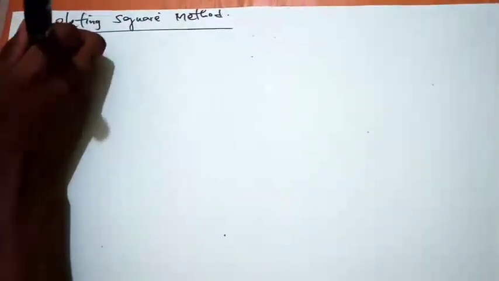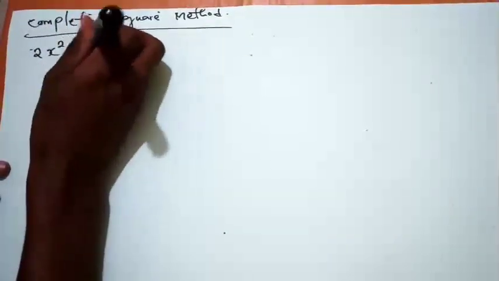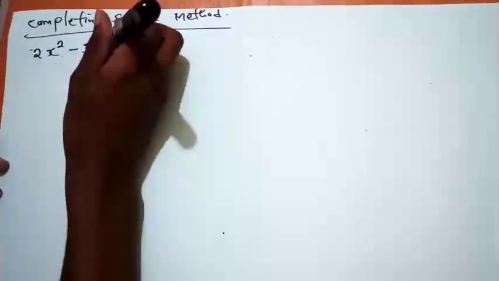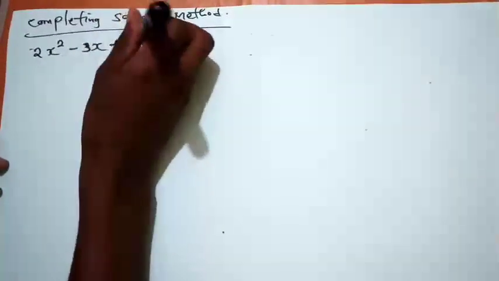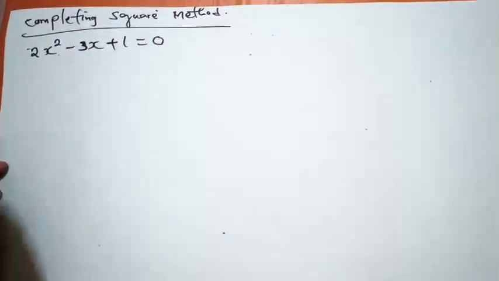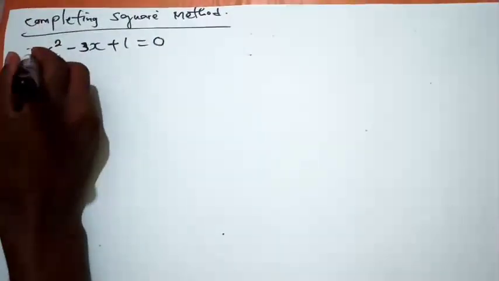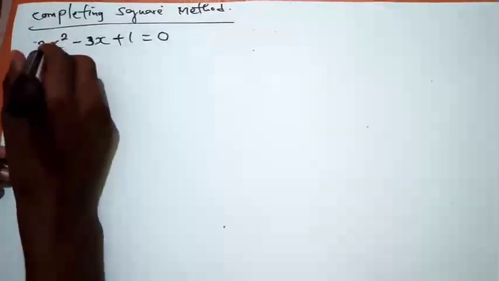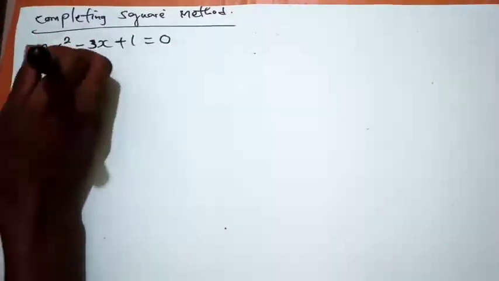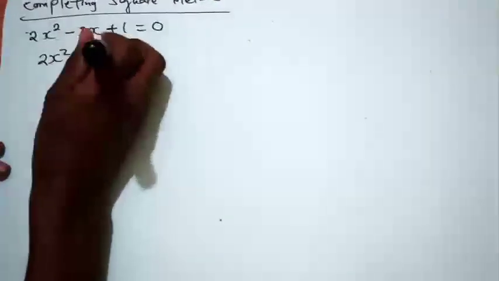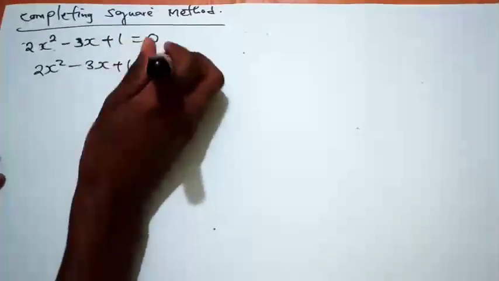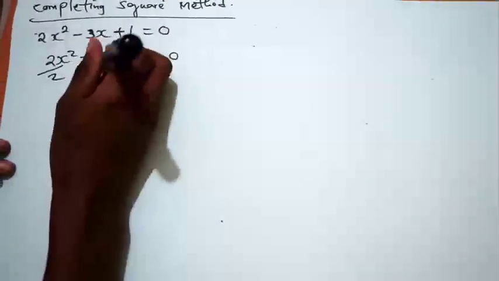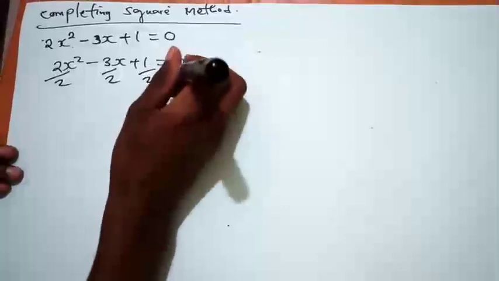We are talking about 2x squared minus 3x plus 1 equals 0. We make sure that the coefficient before the x squared is 1. So we are going to divide all through by 2. We divide every term by 2.